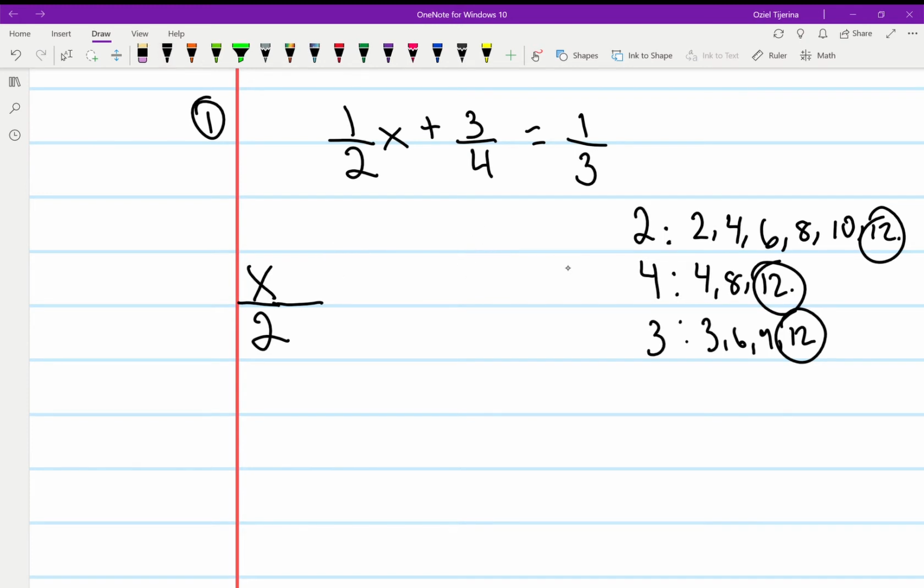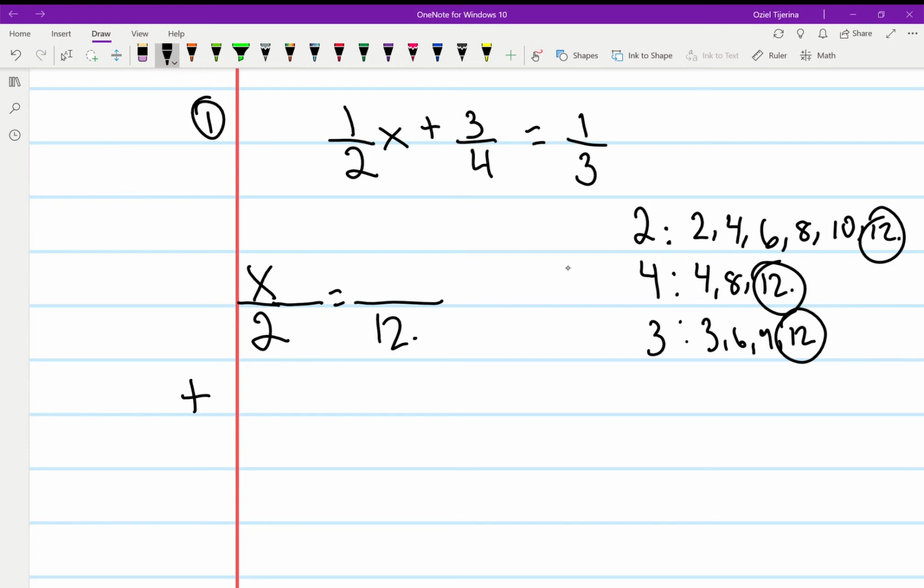You can also write it like that. And so you can go ahead and put that is equal to something over 12, okay? Because this is your common denominator right here.